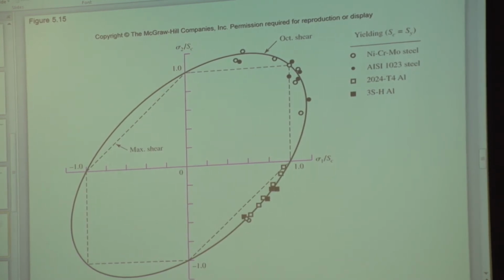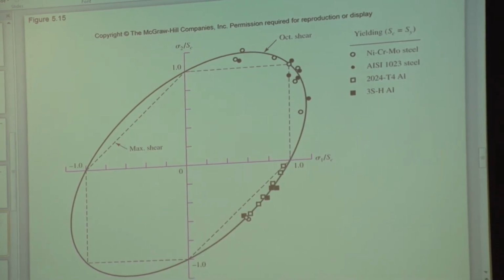They are very much in tune with the maximum distortion energy. So these are the two failure theories that we use for ductile materials. Not the maximum normal, but the maximum shear and the von Mises.